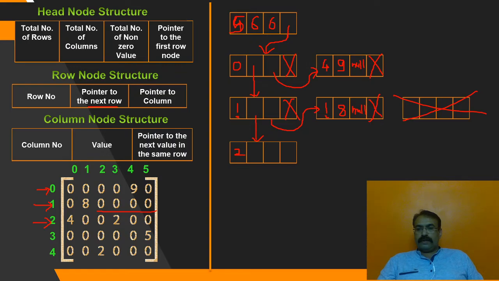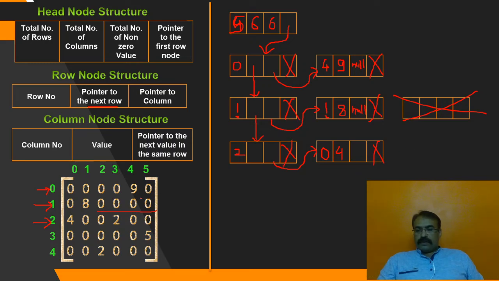So 2 will be here. Here will be the next row. This field will point to the column field. Here it is going to feed the value of the first column which is holding some value. So 0th column is holding value 4. This is an extra field. By mistake it is drawn.